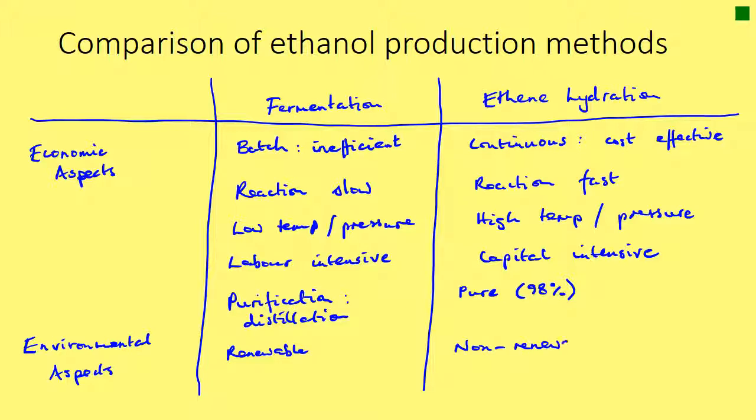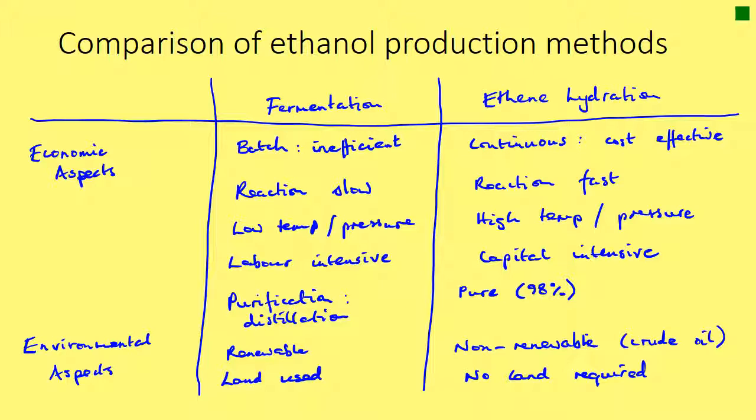So let's summarize that by calling crude oil non-renewable. However, fermentation uses land, which could be used for crops, and ethene hydration does not require any land. So that would be an advantage for ethene production.